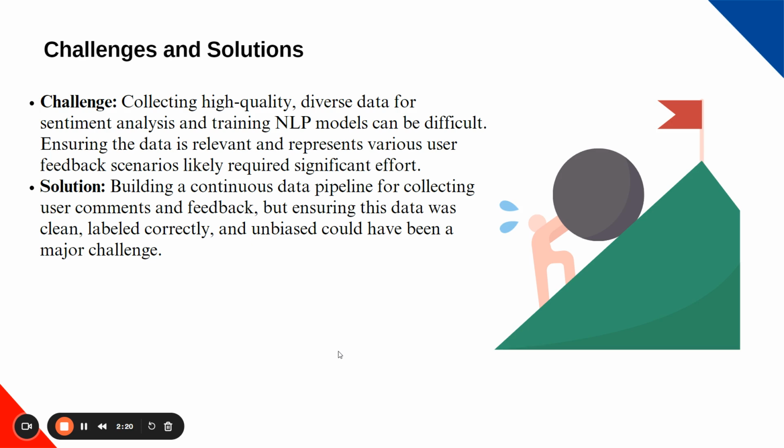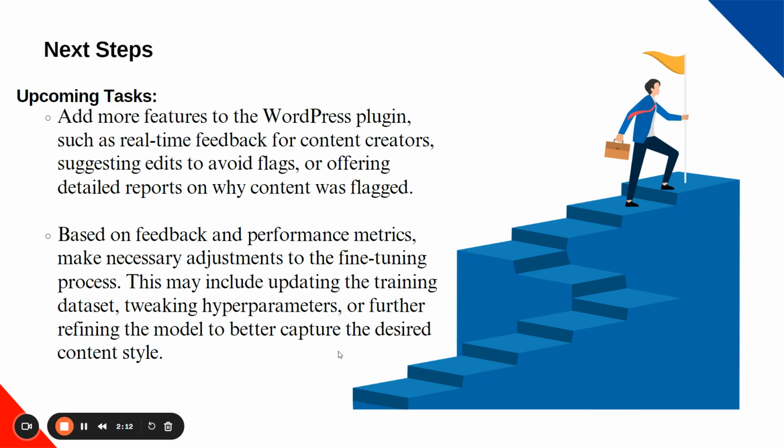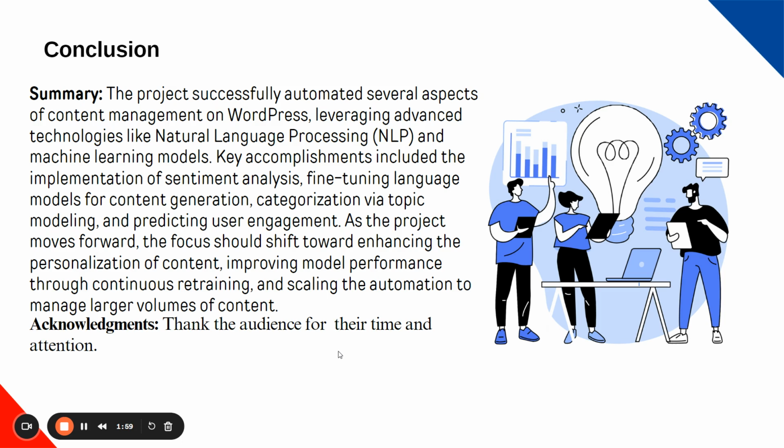By building a continuous data pipeline for collecting user comments and feedback, we can build a solution for that. Next steps are to add more features to the WordPress plugins, such as real-time feedback for content creators suggesting edits to avoid flags, and based on the feedback and performance analytics, make necessary adjustments to fine-tune the process.